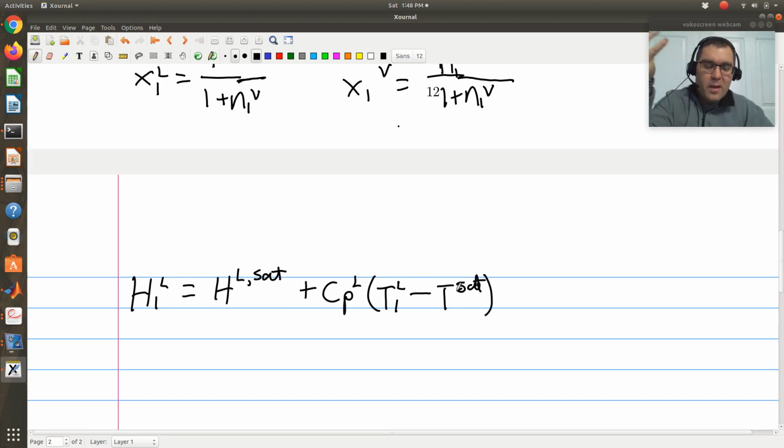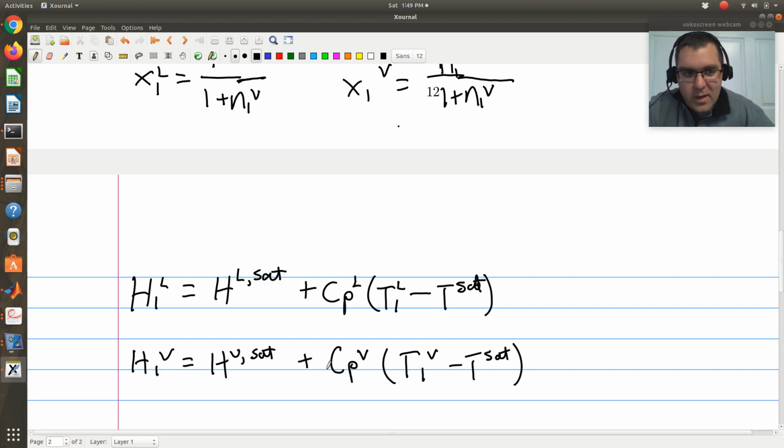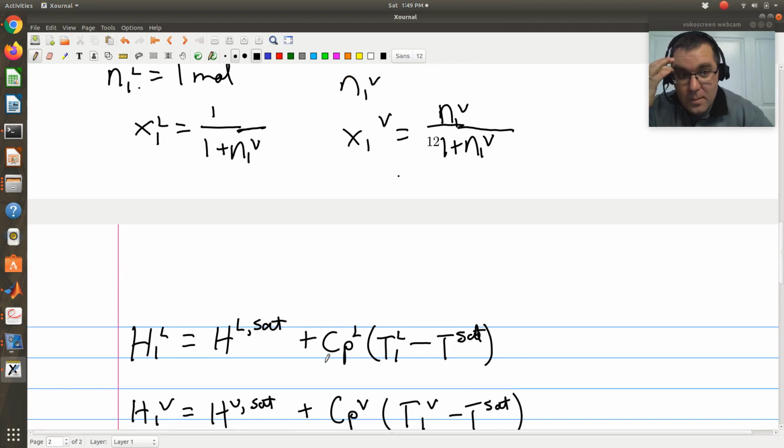The idea is I know the enthalpy of my liquid at saturation, so I calculate the difference between the enthalpy of my state of interest relative to saturation, that reference value I know, so that difference plus my reference value becomes my desired enthalpy. And then H1V, likewise, was HVsat plus CP vapor times T1 vapor minus Tsat. So I have everything I need to calculate H1L and H1V.